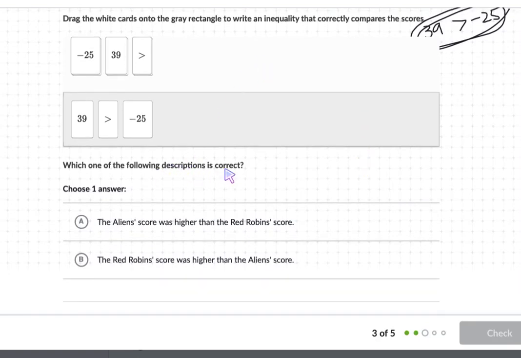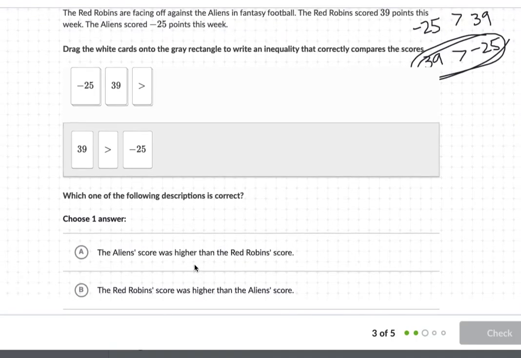Which of the following descriptions is correct now? Is it that the alien score was higher than the Red Robin score, or is it that the Red Robin score was higher than the alien score? So the Red Robins got the positive, and then the aliens got the negatives. So which one should it be? Who scored higher?